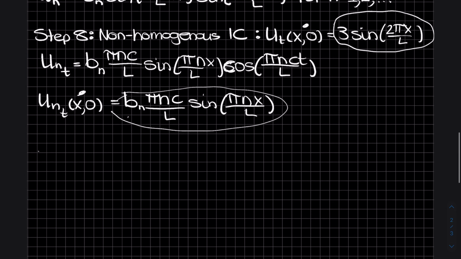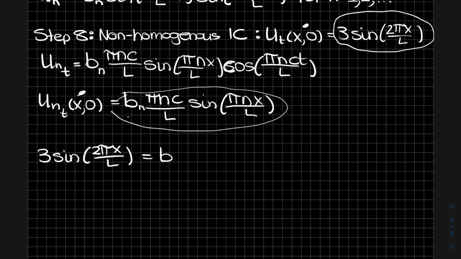So I'm just going to write them. And then what we'll be aiming to do is solve for the constant, the b of n, and we also want to solve for whatever n is.